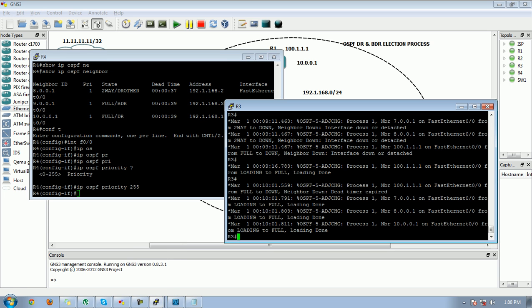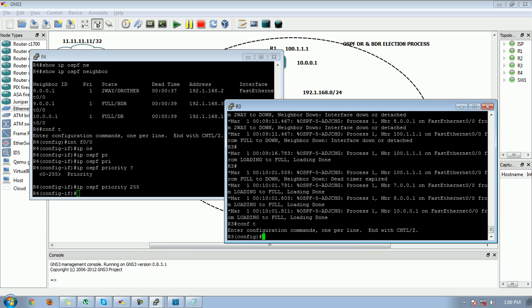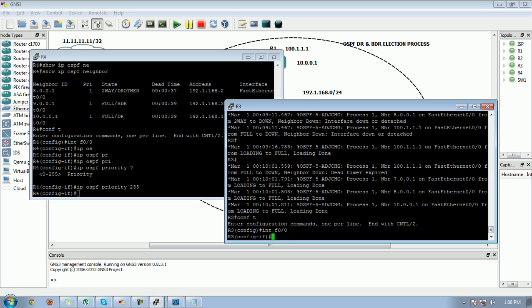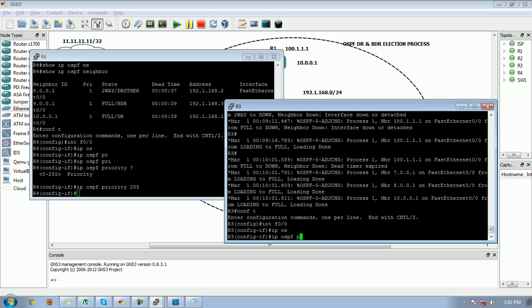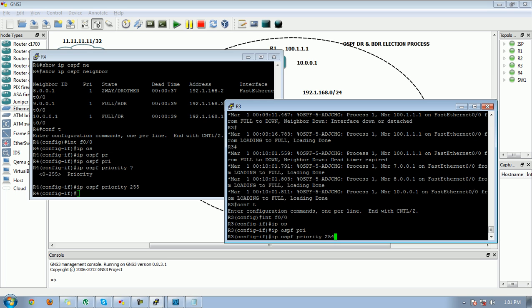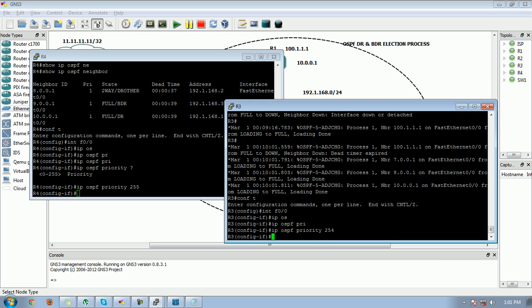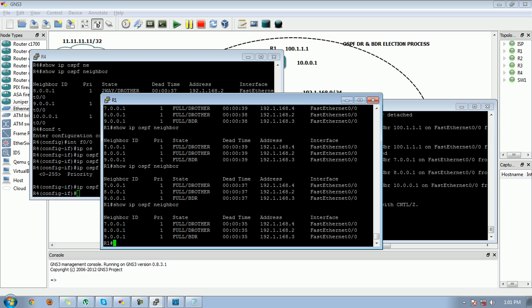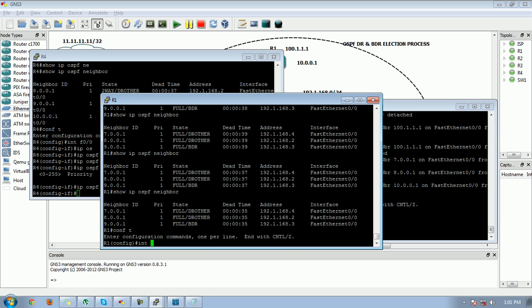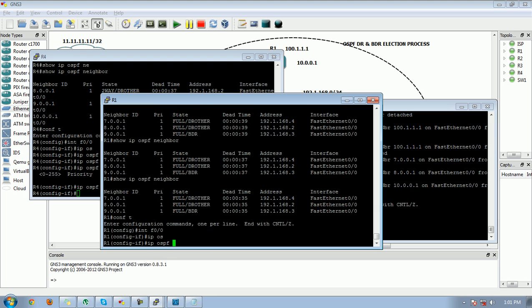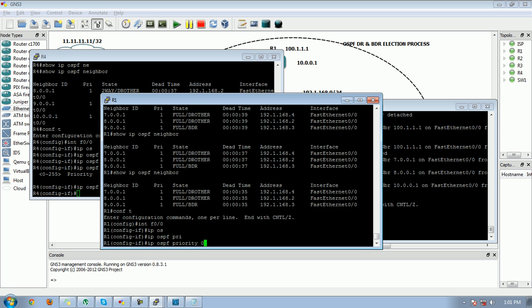Now on R3, interface FastEthernet 0/0, IP OSPF priority 254, the second highest priority. And the other two devices, R1, IP OSPF priority set to 0.